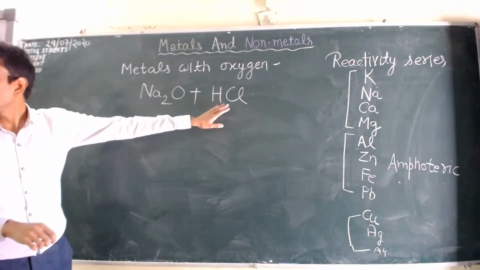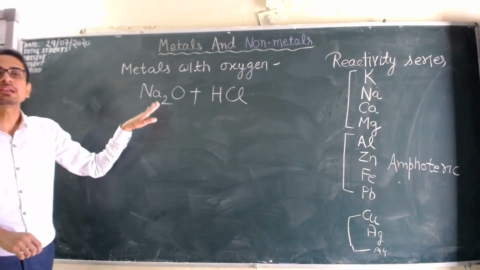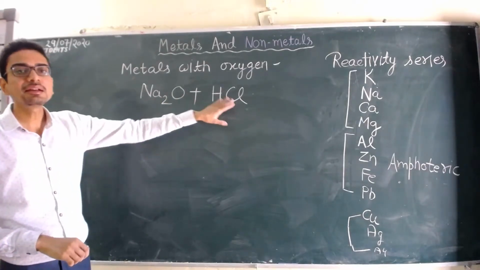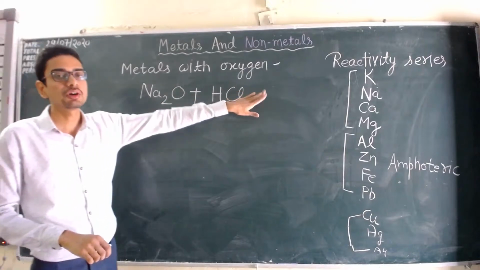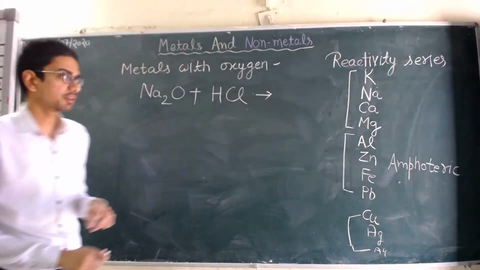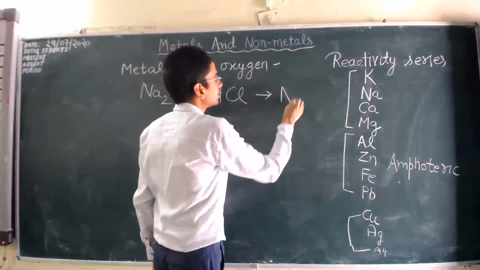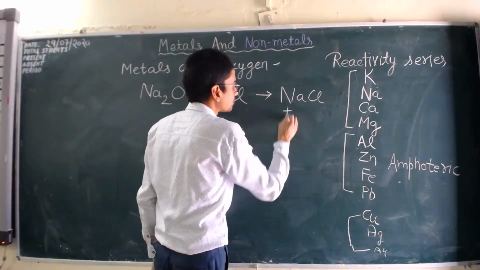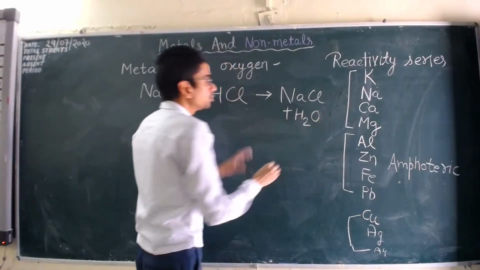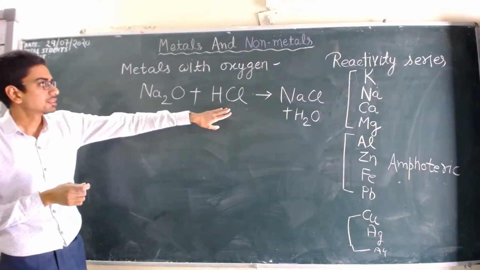On one side there is acid, on the other side there is metal oxide, meaning base. So acid plus base makes salt. Chapter 2. Salt and water. How will the salt form? Na and Cl, NaCl plus H2O. Okay, so you understand how metal oxides react with acids.